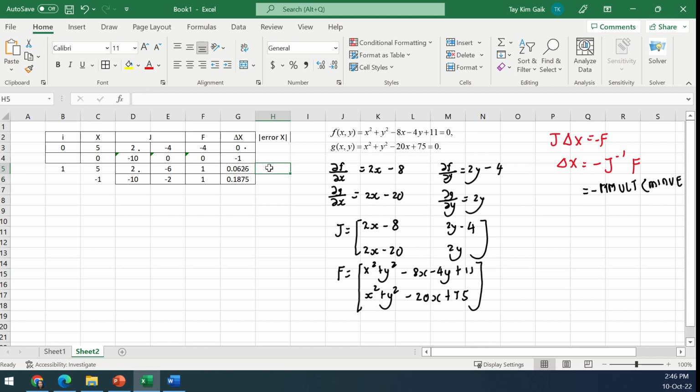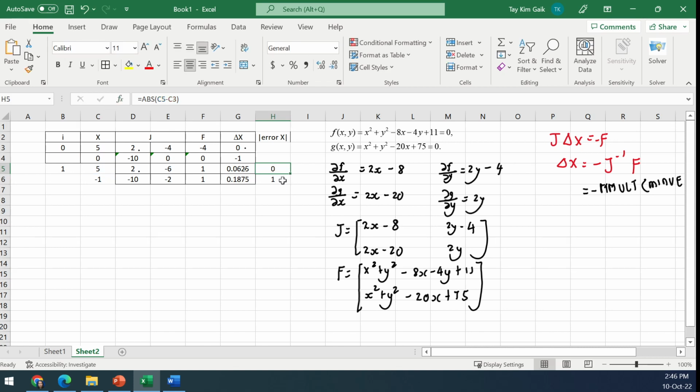Like this, ABS, x1 minus x naught, where ABS is the absolute value. I can copy it down. You see, because of the relative row, when you put C5 minus C3 and copy it down to the next row, C5 will move to C6, C3 moves to C4.